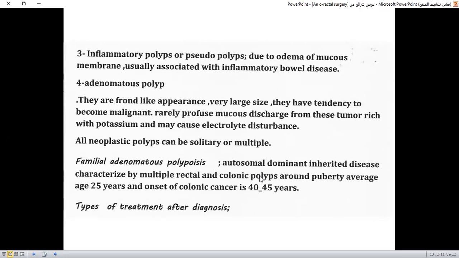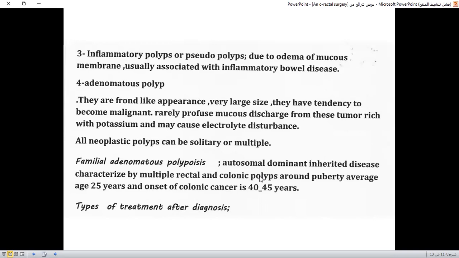They have a tendency to become malignant, rarely with profuse mucus discharge from this tumor, rich with potassium, and may cause electrolyte disturbance. All neoplastic polyps can be solitary or multiple, single or multiple.